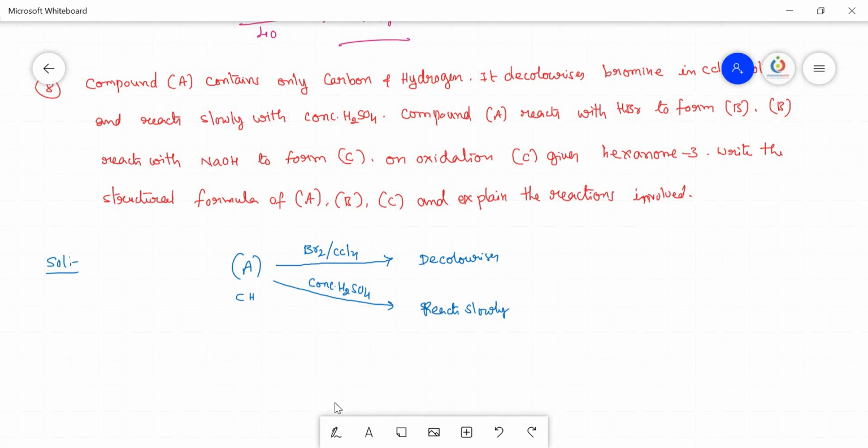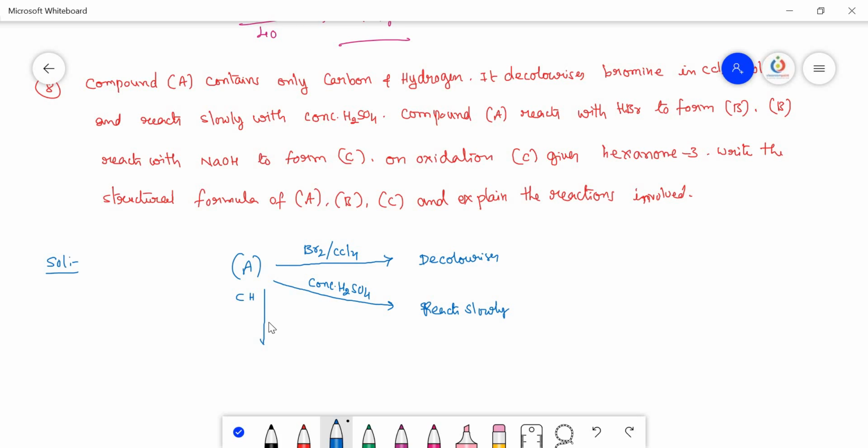And the same compound A reacts with HBr to form compound B. This compound B reacts with NaOH to form compound C. And this compound C on oxidation gives hexanone-3.